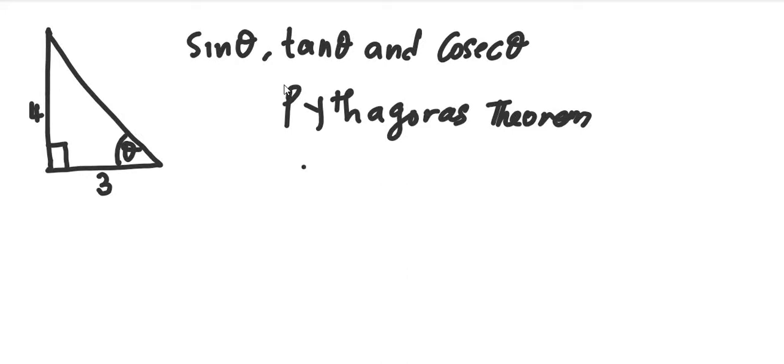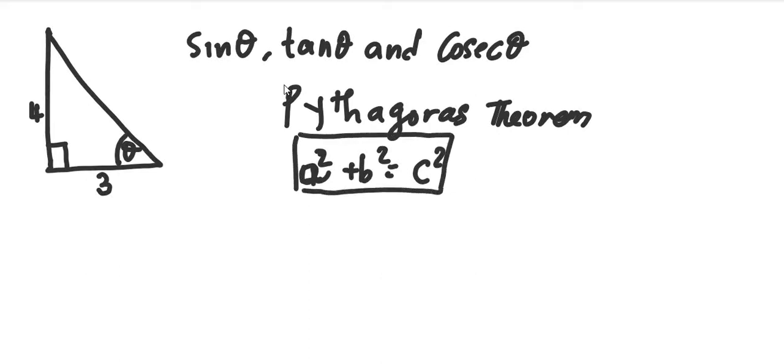We know that a square plus b square is equal to c square, is our Pythagoras Theorem. In this case, we will have 4 square plus 3 square is equal to x square, where this x represents our hypotenuse.